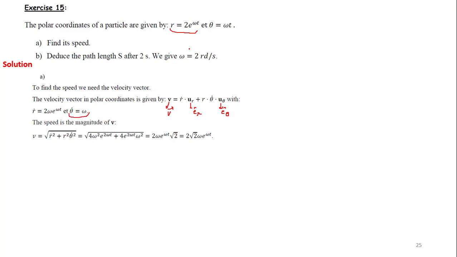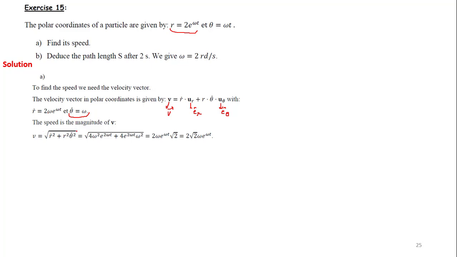And the derivative of theta with respect to time, theta dot, is equal to ω. So we can continue writing the velocity vector in terms of ω and t, and then we can deduce the speed v.